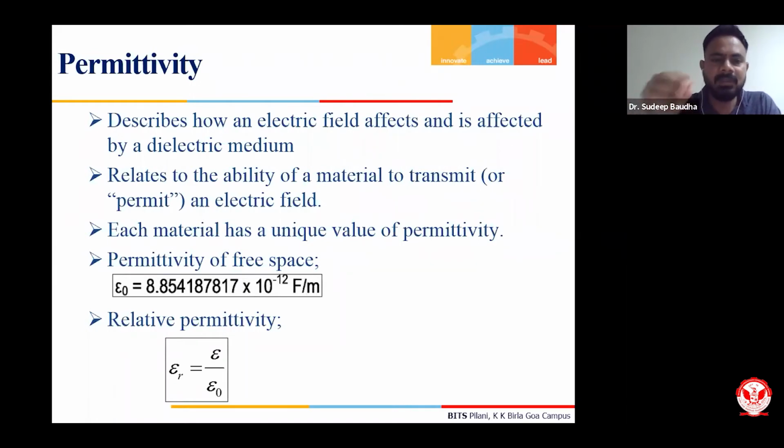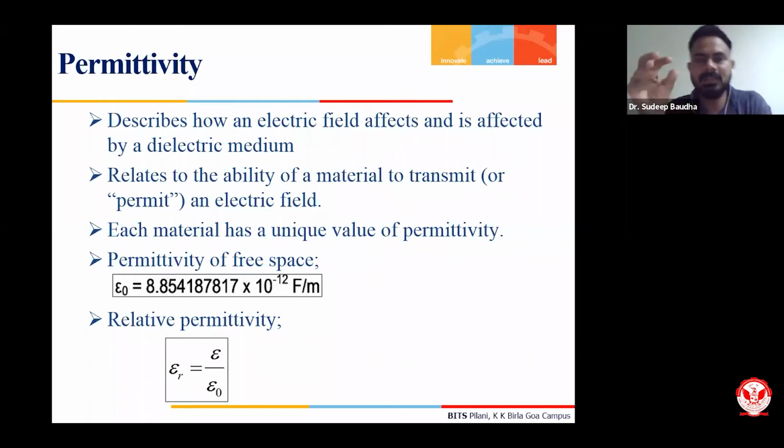All other materials have different permittivity, and we can relate the relative permittivity of a material to the permittivity of free space. The relative permittivity ε_r multiplied by ε_0 gives you the actual permittivity of that particular material. Now, generally, permittivity is for materials which have a dielectric constant.